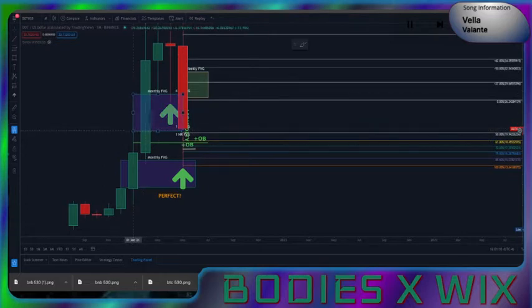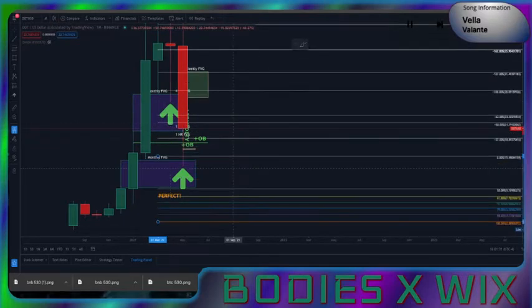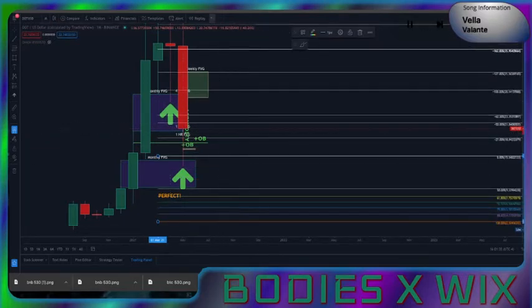You can see there was another one up here. Same thing: boom, popped in, boom, popped out. And these are monthly ones, so you can't even imagine what happens when it gets down to the hourly, the 15-minute, things like that. But when you see something like this, it's very, very good for Polkadot.